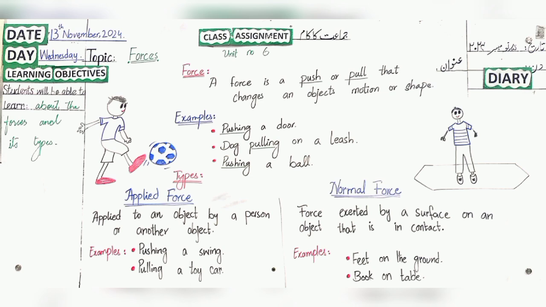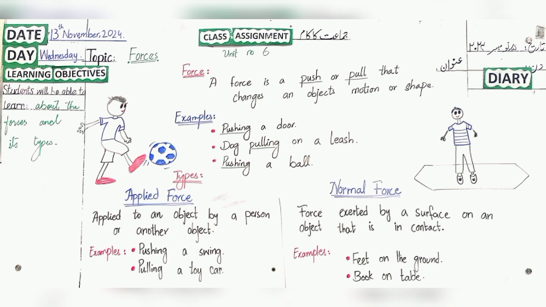As you can see over the definitions, I have drawn two boys as an example. You can see the first boy. So here are two examples. The boy with the football is an example of applied force, in which you can see he is applying force with his shoes on a football.